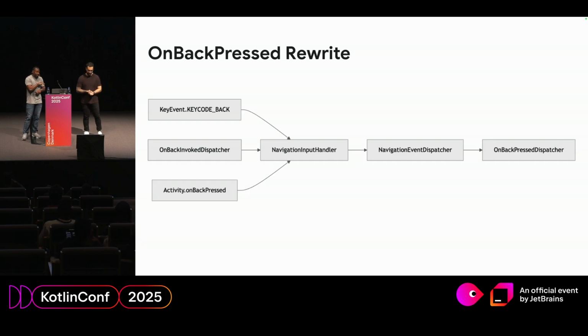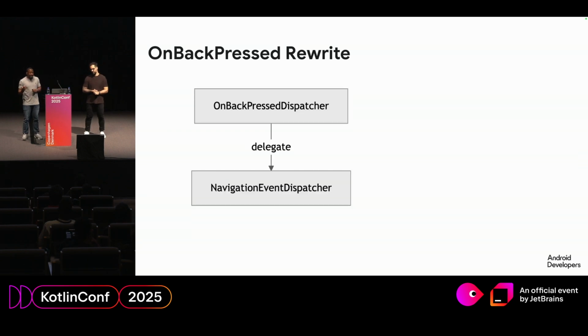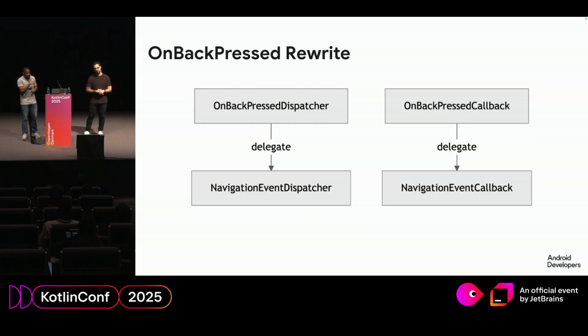And it just happens to dispatch all of the events that it gets from the navigation event dispatcher into on-back press callbacks, right? So that was the goal, and that's exactly what we did. We just delegated all the on-back press dispatcher calls to the navigation event dispatcher, and then all the on-back press callbacks are delegated to navigation event callbacks.